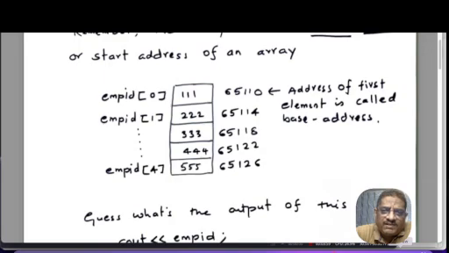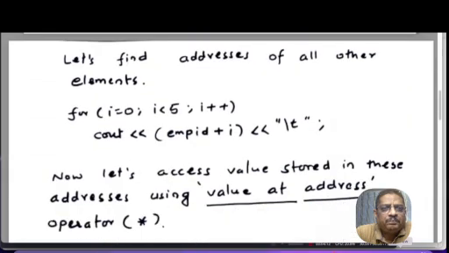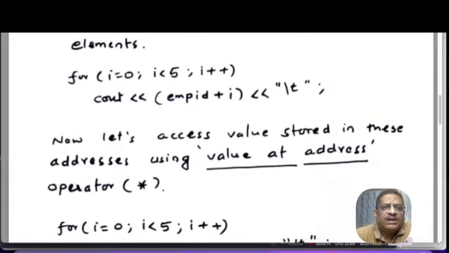So one point is very clear here. If the base address of an array is obtained, we can find the addresses of the remaining elements. How can we do so? Let's see here. For that I'll run a loop: for i = 0, i less than 5, i++. cout empid. In the last slide you have seen, if I say cout empid, it gives me the base address.